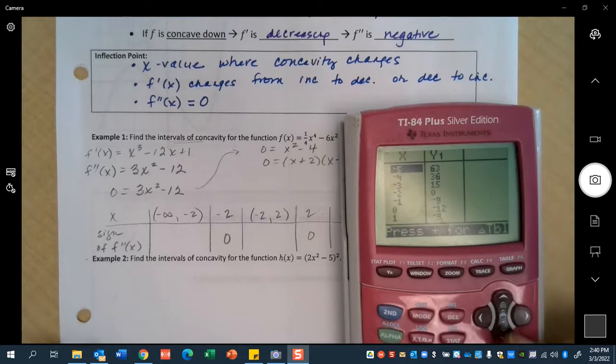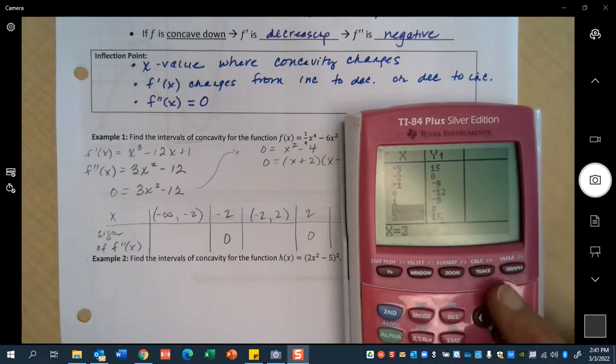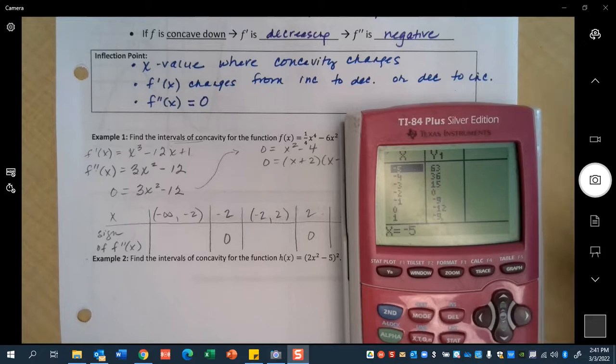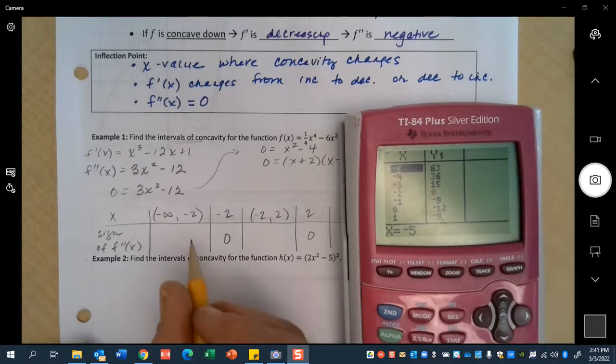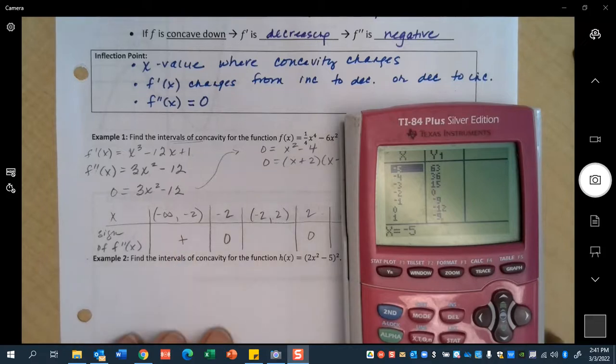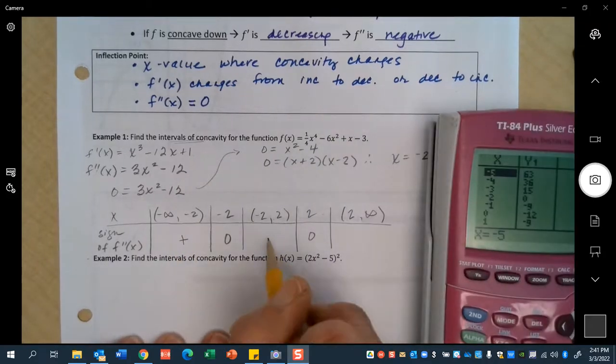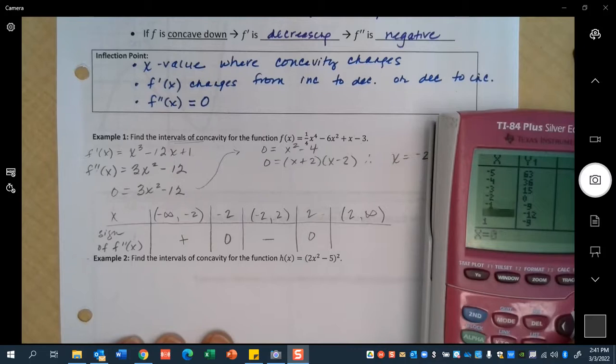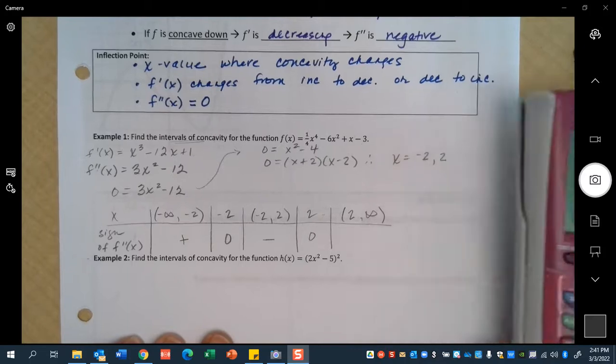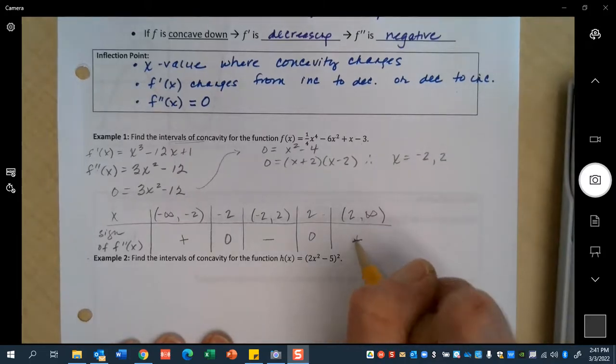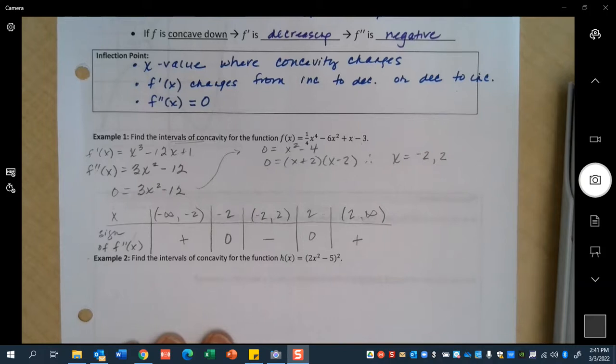If I go to my table of values, I'm not surprised to see a 0 at -2 and +2. So now I have to look at the signs of my output. My second derivative is positive. My second derivative is negative between my inflection points. And then my second derivative is positive.